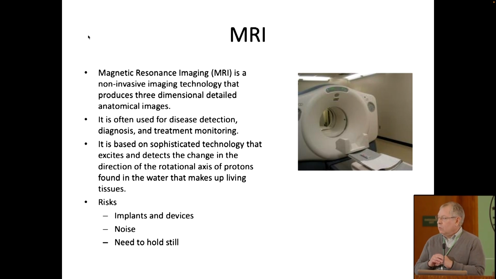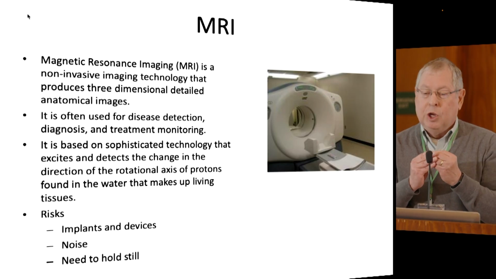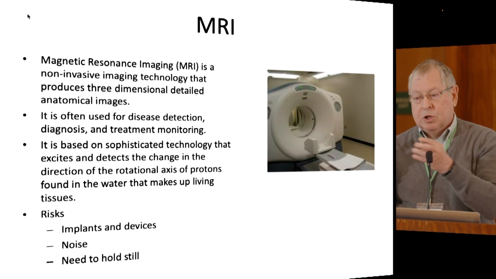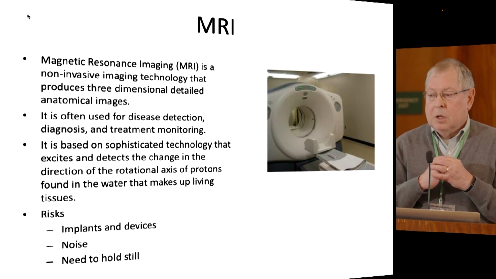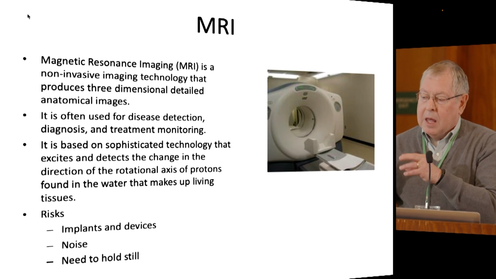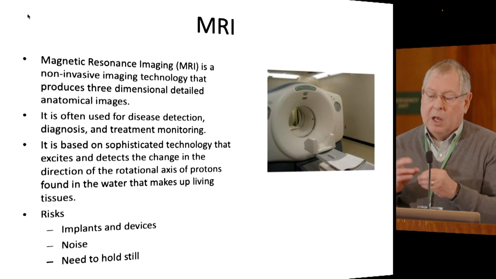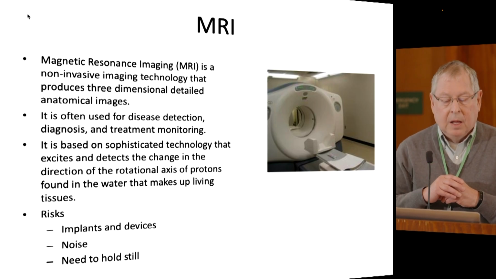It really has changed the practice of medicine, not only in neurology, but across multiple disciplines. What are the risks? It's a big magnet. So if we brought this big magnet into this room, everything that's metal would be sucked towards it. There are some really cute memes on the internet of things getting sucked into it, but it's also incredibly dangerous. So we want nothing that is ferrous to come in close contact with that magnet.